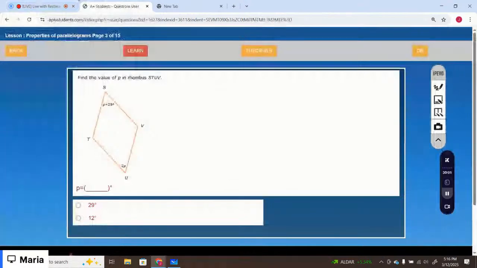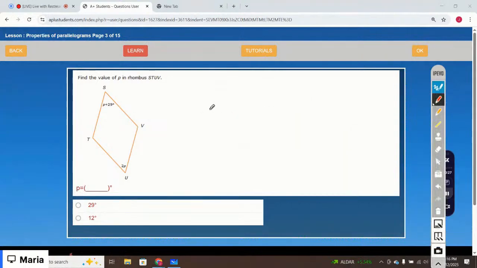Find the value of P in numbers STUV. That is 2p. 2p equals p plus 29.